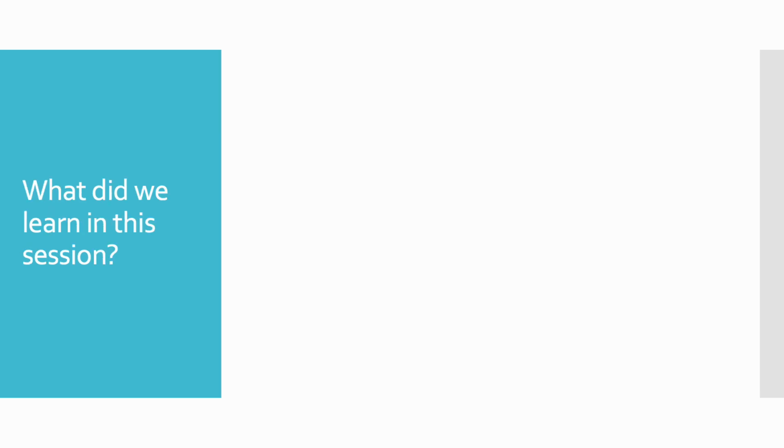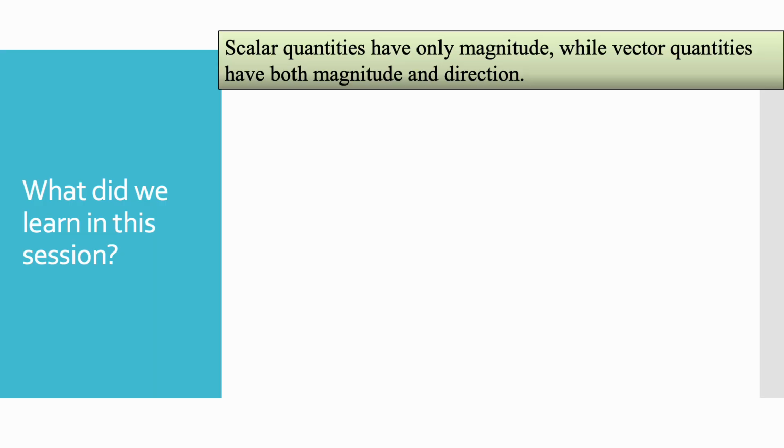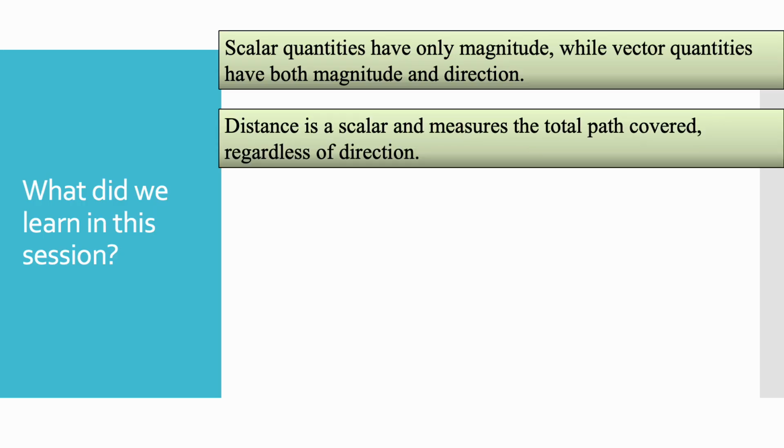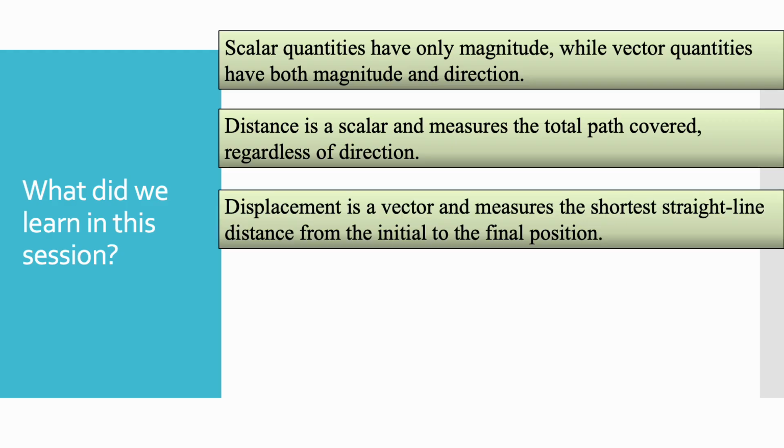So what did we learn in this session? Scalar quantities have only magnitude, while vector quantities have both magnitude and direction. Distance is a scalar and measures the total path covered regardless of direction.